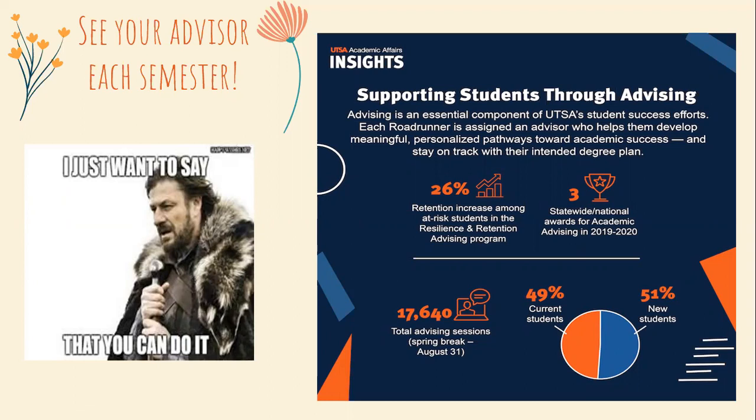They want to let you know that you can do it, along with providing the resources that can help a student be successful. And the data shows that students that see their advisor have a higher rate of graduation and have a higher rate of graduating in fewer semesters, of staying on track with their intended degree plan.